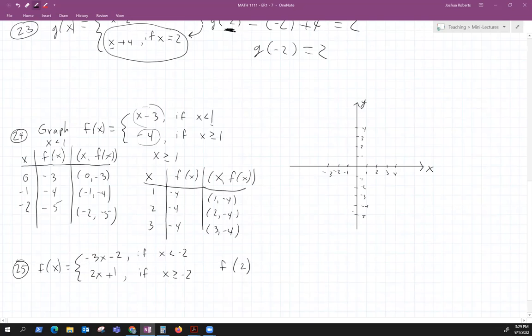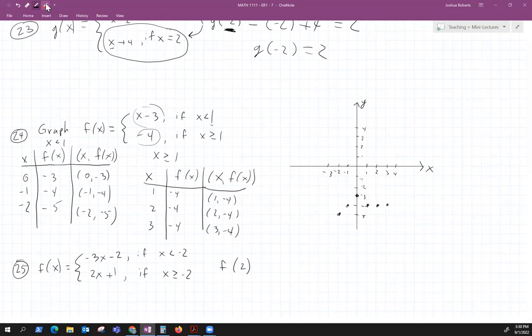So I have the point 0, -3 on my graph. I have the point -1, -4 on my graph, and I have the point -2, -5 on my graph. And I also have the point 1, -4, 2, -4, and 3, -4.